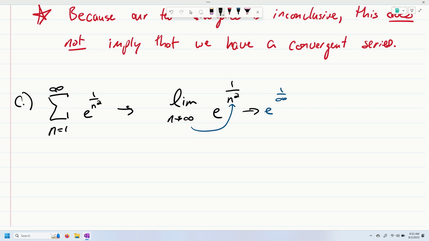Oops, sorry, I forgot my arrow. We get 1 divided by infinity, which is essentially 0, which means this is e to the 0, and that is equal to 1, which does not equal 0. So this series diverges.